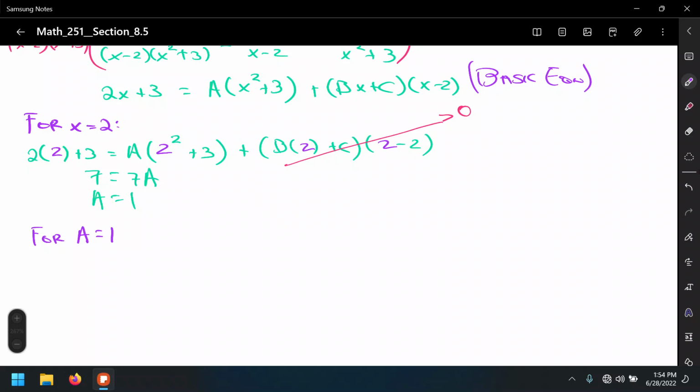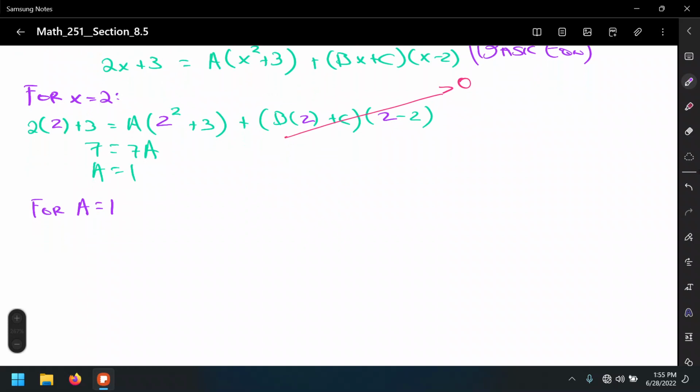Any number that hopefully cancels one of these two letters. In this case, I'm thinking of the number 0, because when we use A equals 1, x equals 0 would cancel this B, and we would be able to find the letter C. Do we all agree with this? Okay, let's go ahead and do that.